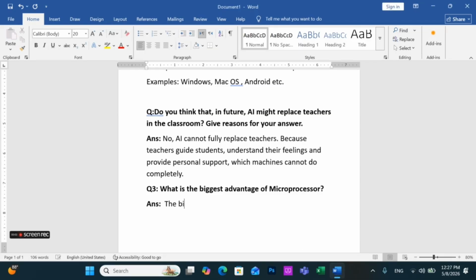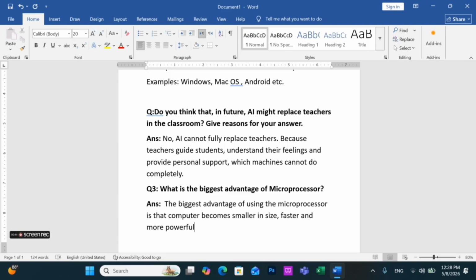The biggest advantage of using the microprocessor is that computer becomes smaller in size, faster and more powerful.